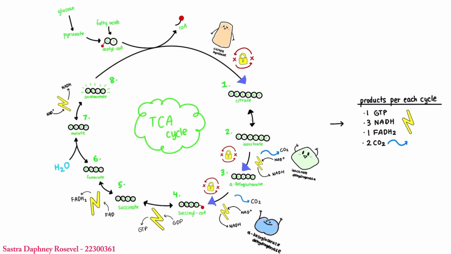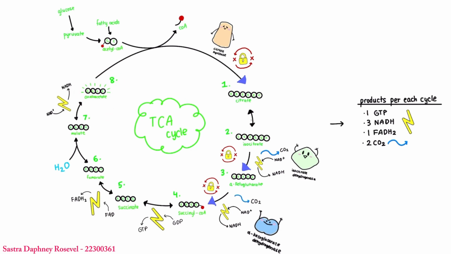These three irreversible steps are catalyzed by these 3 important enzymes. So these are where enzyme activity is tightly regulated and controlled. From here on, the 4-carbon molecules are kept within the cycle, but are formed into different forms. Succinyl-CoA is formed into succinate, succinate into fumarate, fumarate into malate, and finally generating the last important molecule, oxaloacetate.